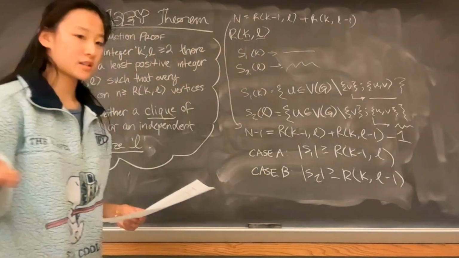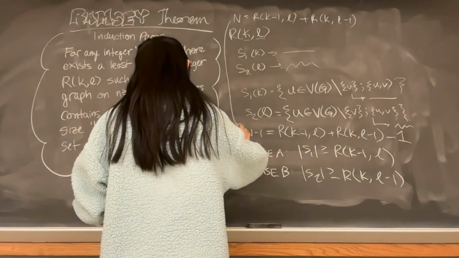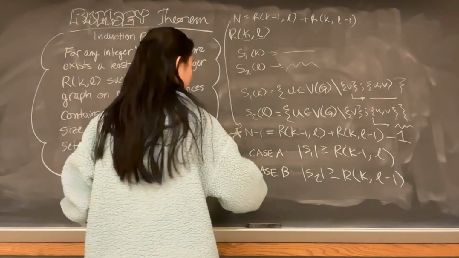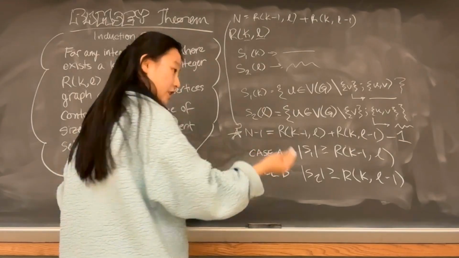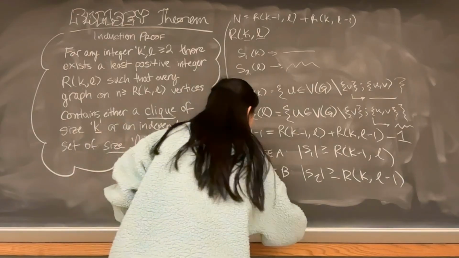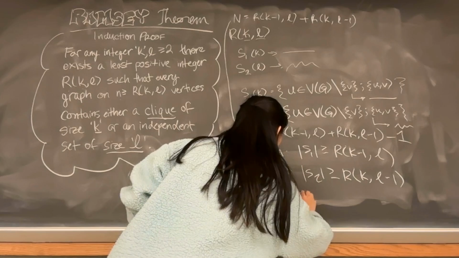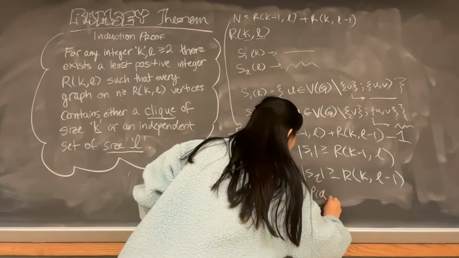So why must this be true, you might be wondering? Well, we can apply the pigeonhole principle, and the pigeonhole principle tells us that this has to be true. So this is true by pigeonhole.